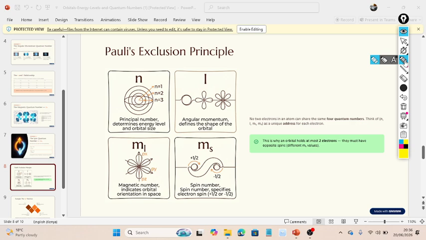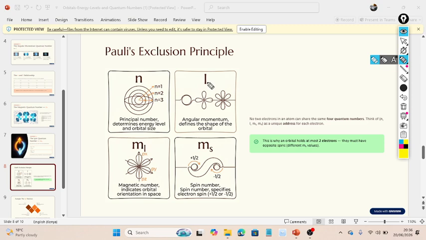So electrons are usually defined by the four quantum numbers, just like we spoke earlier. The principal quantum number determines the energy level. So it defines whether it's the first, the second, or the third energy level.